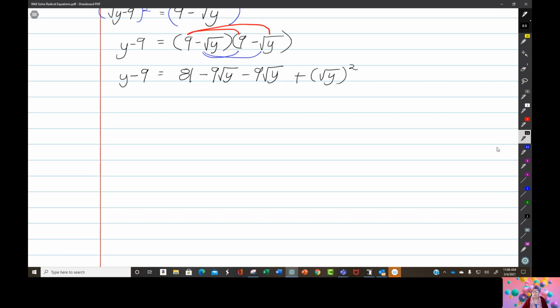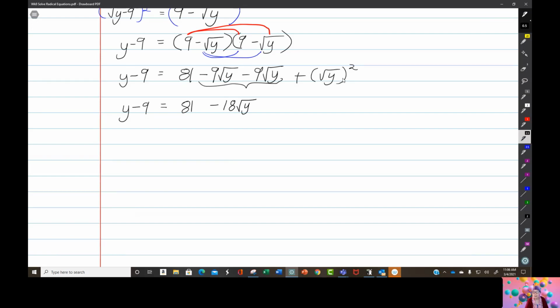So here we go. Y minus 9 equals 81. This, I subtract 9 square roots of y and then another 9 square roots of y. That means I've subtracted 18 square roots of y.